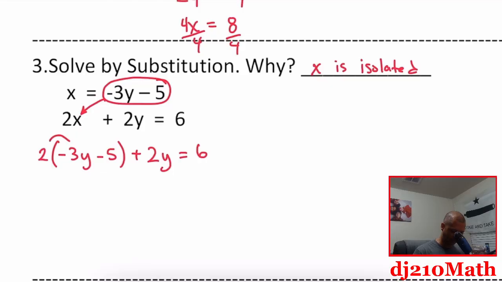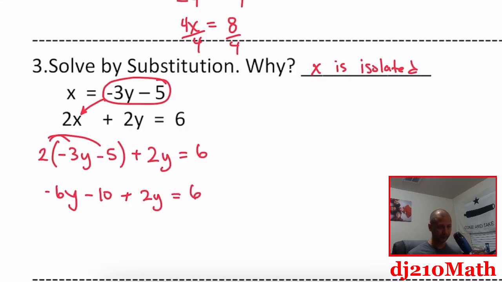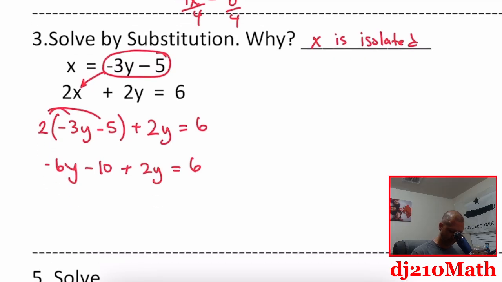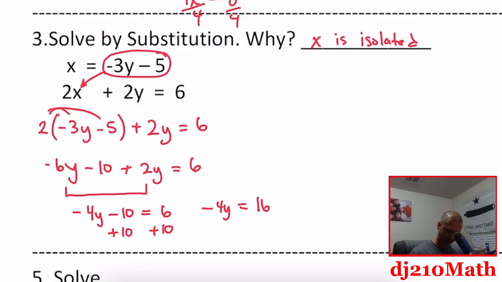When we distribute, we get negative 6y minus 10 plus 2y is equal to 6. Again, combining like terms, this is going to be negative 4y minus 10 equals 6. Add 10. Negative 4y is equal to 16, divided by negative 4. Y is equal to negative 4.